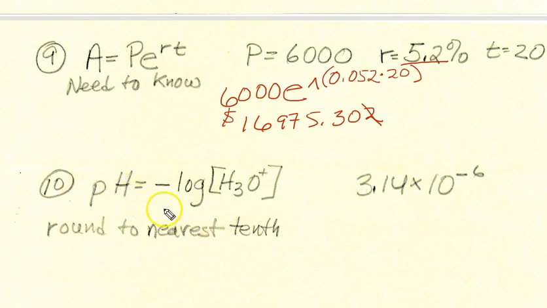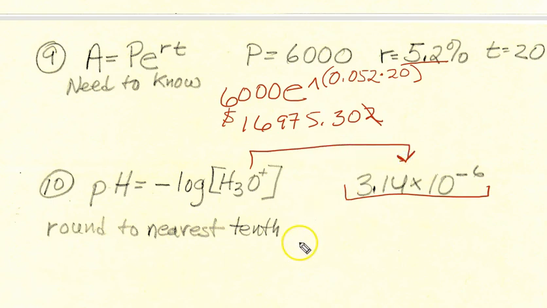Now for number 10, while it's here, this is the formula for pH, that is acid alkalinity of something, where this is the value of this. So the idea is you put in a negative log, and then just write this, 3.14 times 10 caret negative 6.